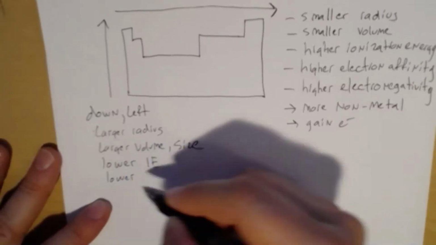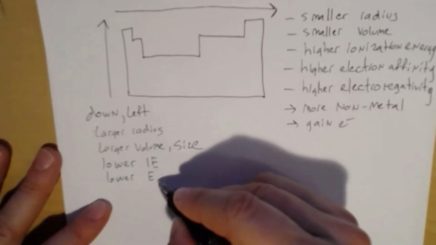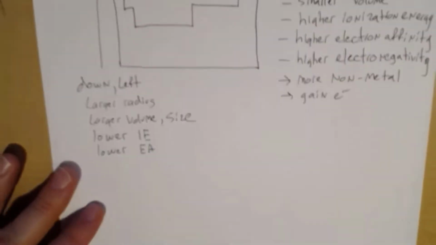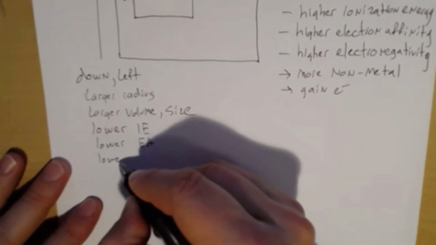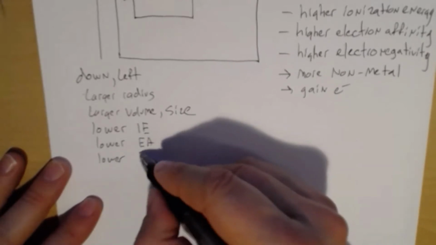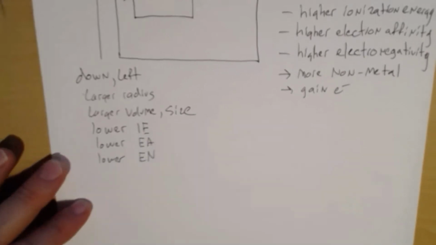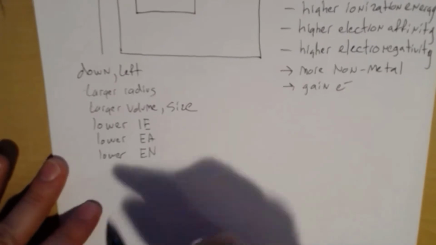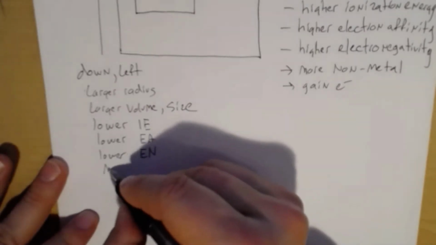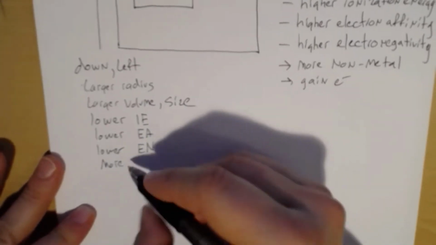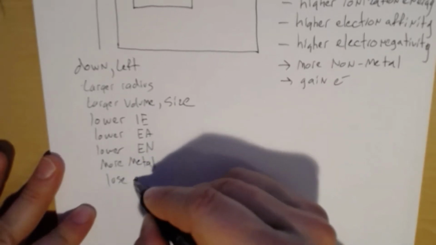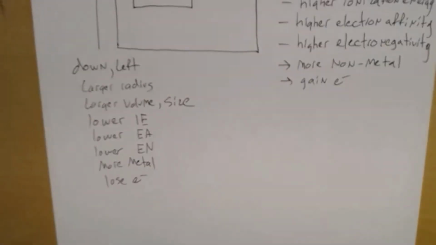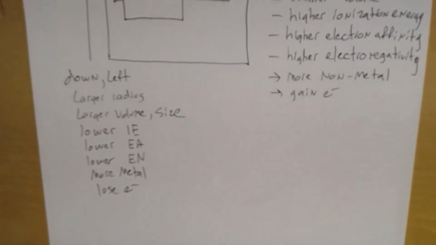Lower electron affinity, abbreviated EA. A lower electronegativity, EN. And you tend to be more like a metal. You tend to lose electrons. Okay? So that's the whole idea.